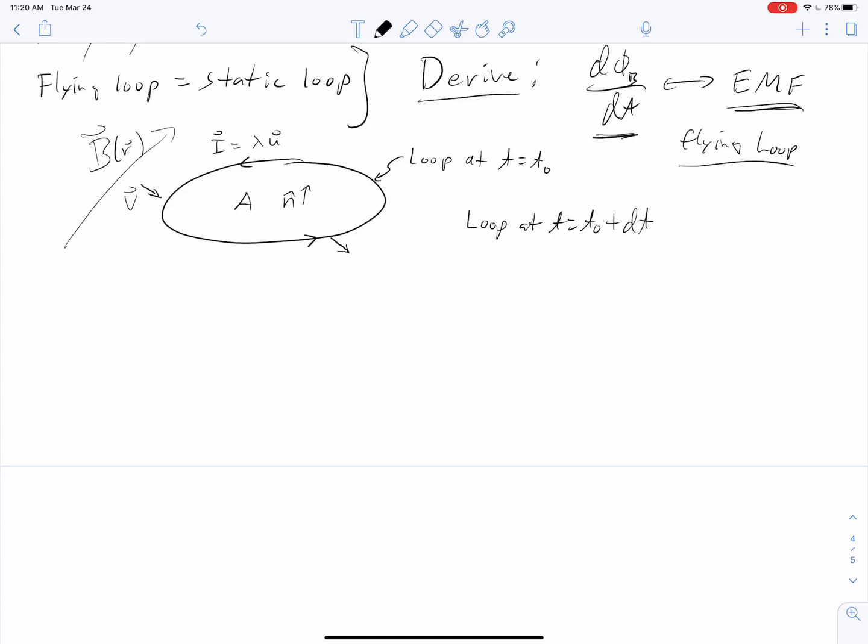So this is what happens. At some little time later, I can see that the loop has moved some little distance. And what I can do is draw the loop here.